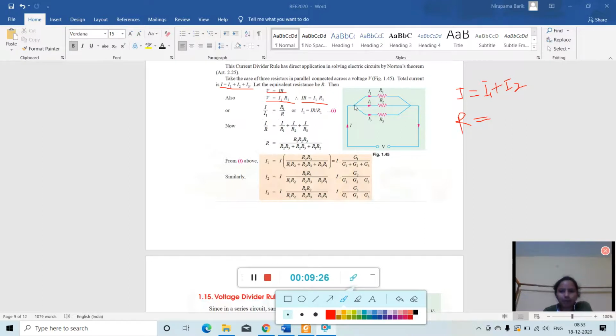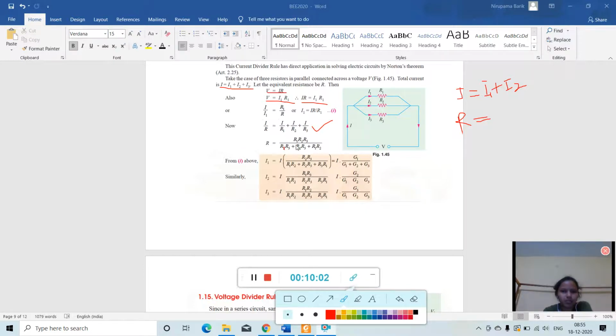For the parallel branch, the equivalent resistance is 1 by R is equal to 1 by R1 plus 1 by R2 plus 1 by R3. Already I told you this. If we solve this expression, then there is a mistake in what was written here.